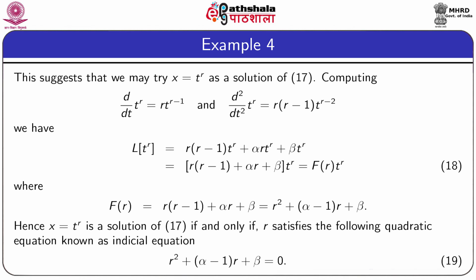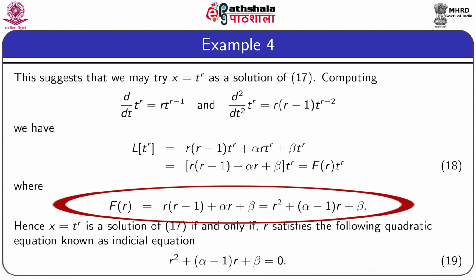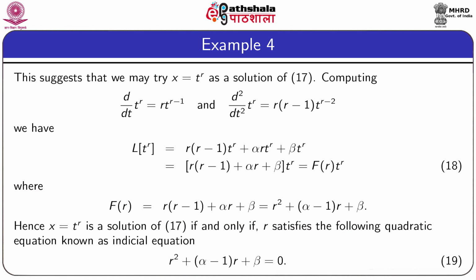If we simplify, we will get this to be r into r minus 1 plus alpha r plus beta multiplied by t to the power r, which we represent as some function f(r) into t to the power r, where f(r) equal to r into r minus 1 plus alpha r plus beta, which is equal to r square plus alpha minus 1 into r plus beta.